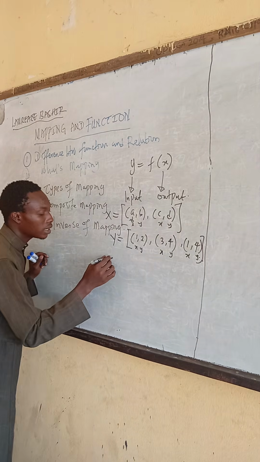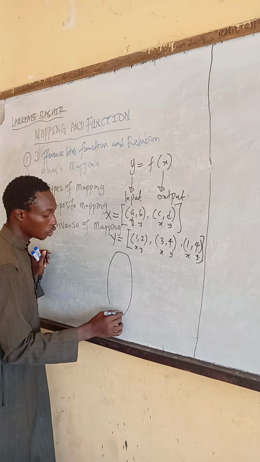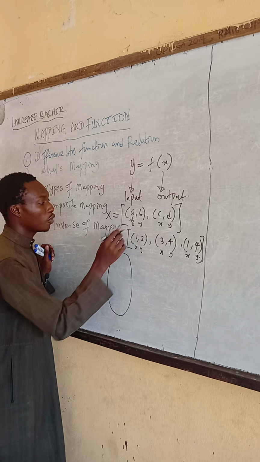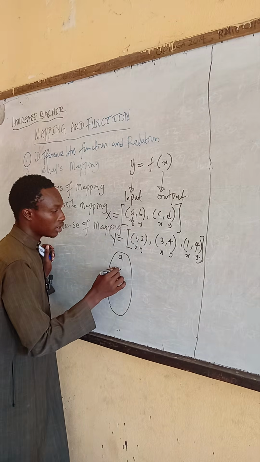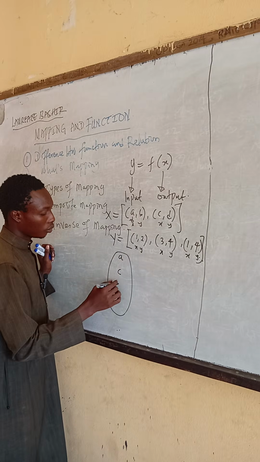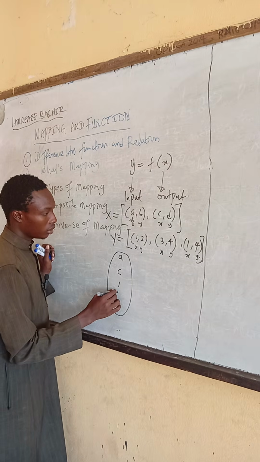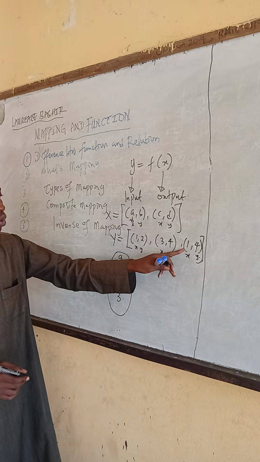So let's say I want to express it in the form of something like this. Though I have not reached mapping yet. For x, I have a; another x, I have c; another x, I have 1; another x, I have 3; and another x, which I have 1 again.